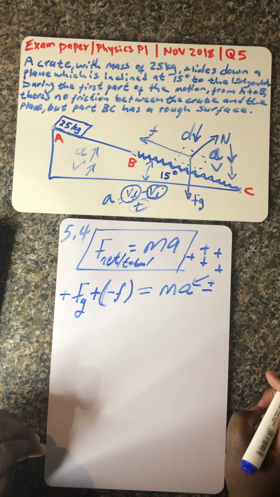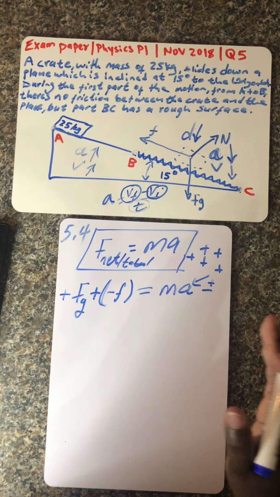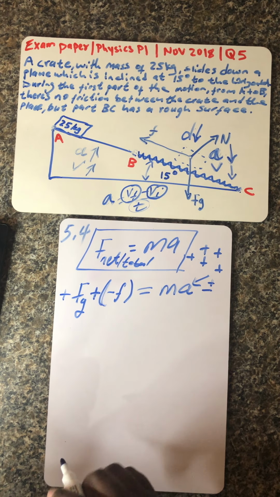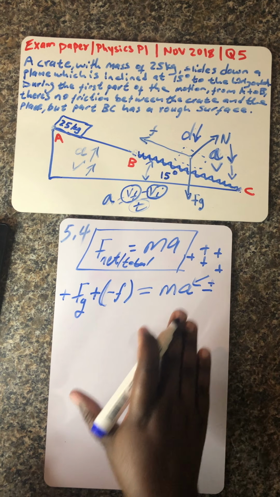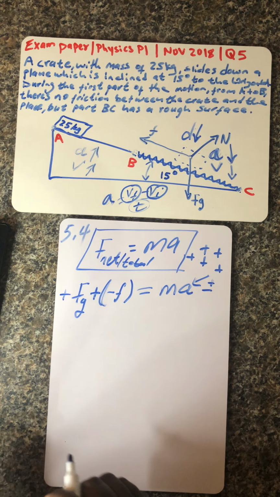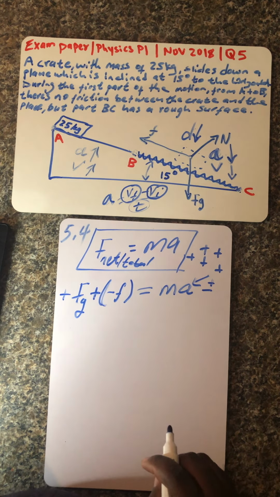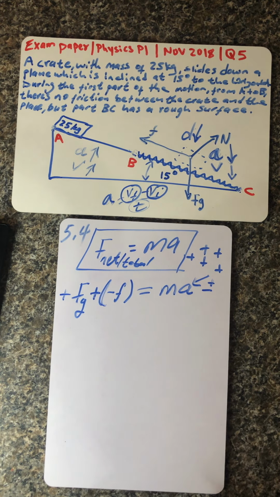So the acceleration is decreasing. That means the acceleration is not positively increasing but negatively increasing. You will understand that part when we start substituting, towards the end of this question.